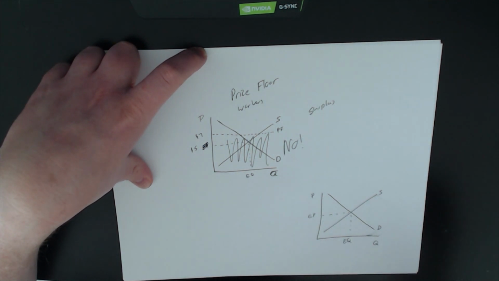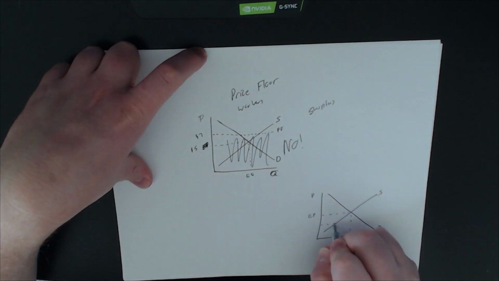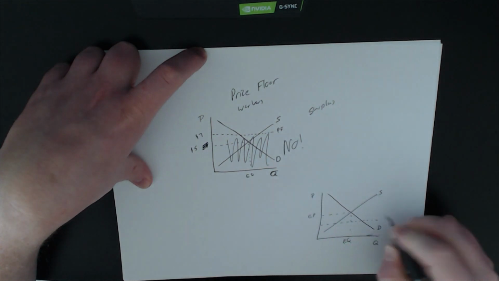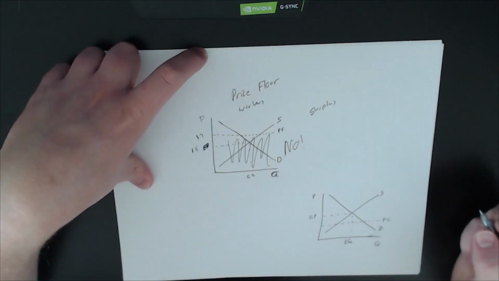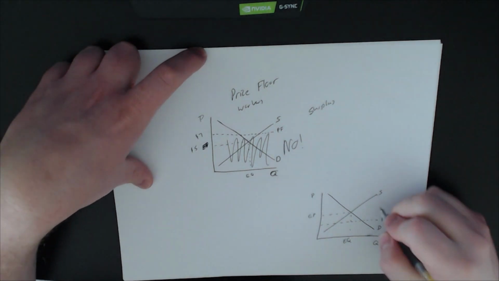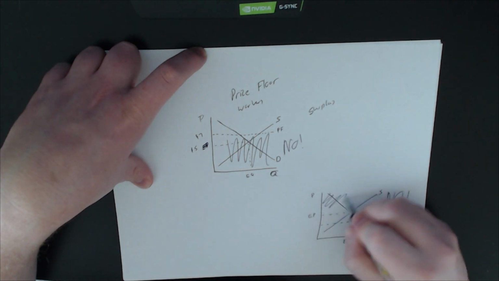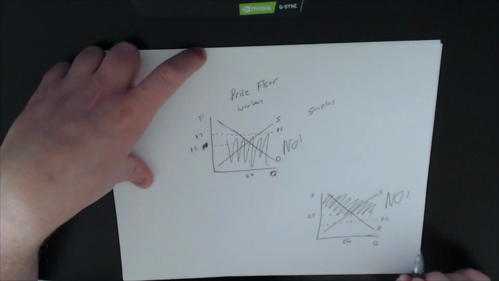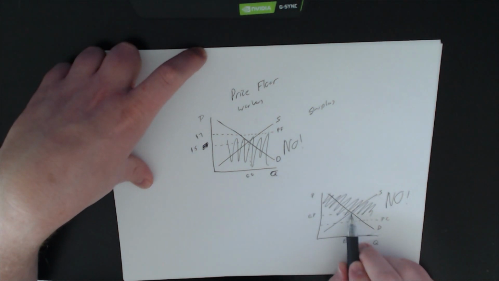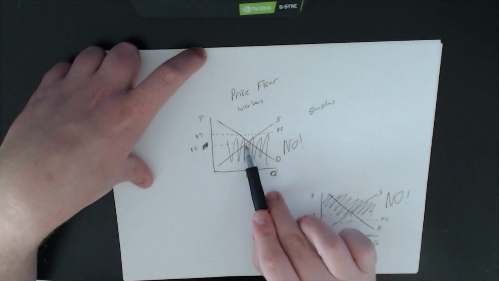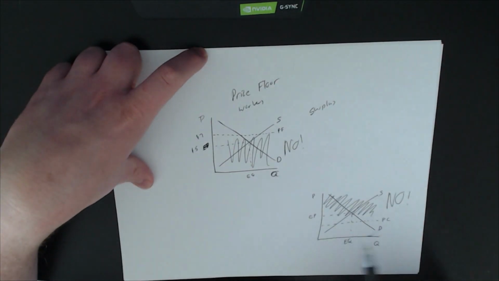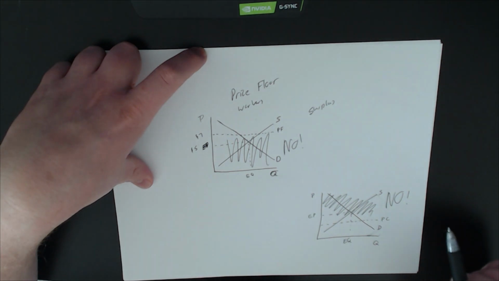And a price ceiling goes below the equilibrium point. All right. And the reason why we call this a ceiling is because this is off limits. Anything above that price ceiling is off limits. So I'm keeping it away from the equilibrium. Just like with the floor, it keeps you away from equilibrium. A price ceiling keeps you away from equilibrium as well.